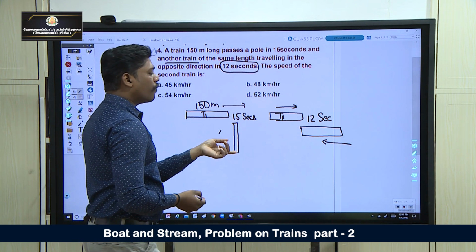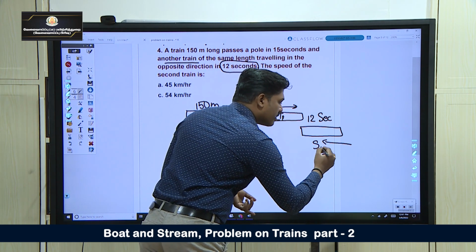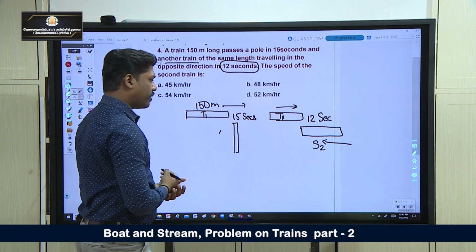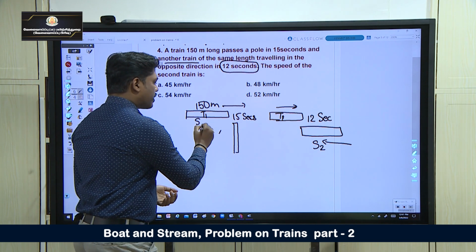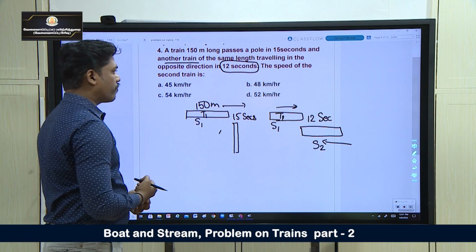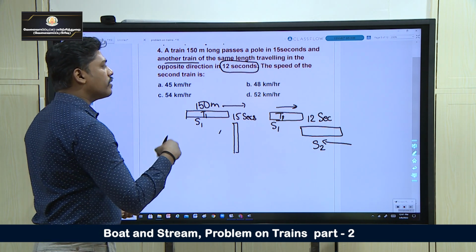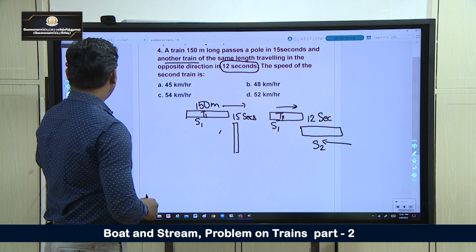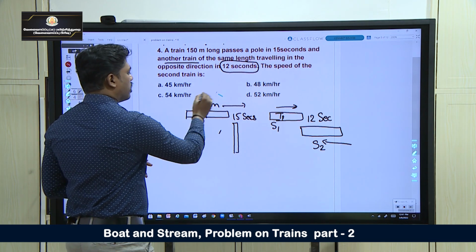They are asking what is the speed of the second train. So this is S1. We don't know the speed of the first train also. We have to find the speed of the second train. So first take this part.